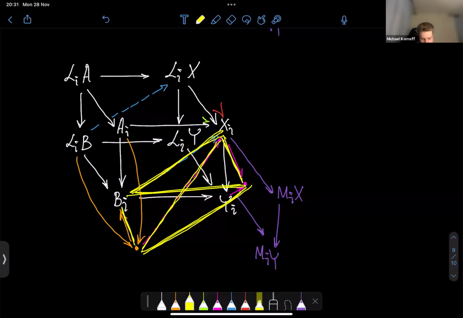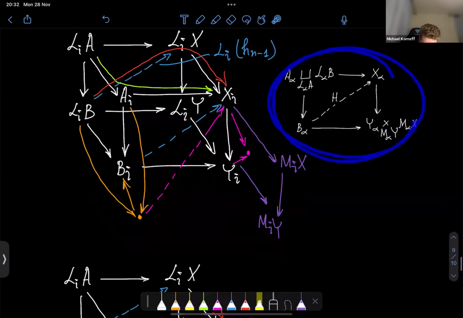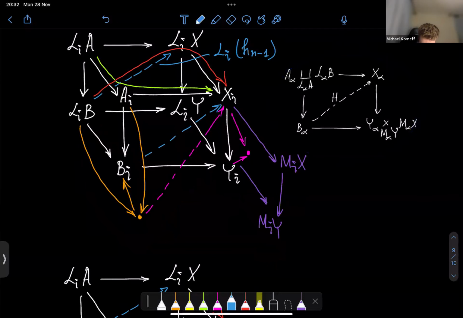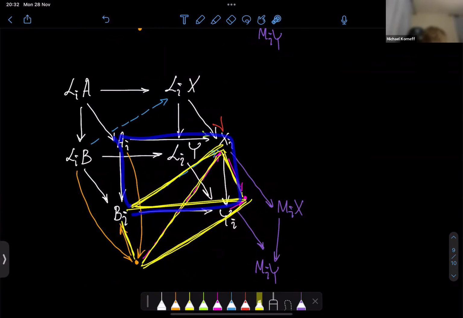So from this commutative tetrahedron, we know that we want to prove that the map, this diagonal map from this latching object, for this h, we can take just a small h, and we should prove the commutativity of this diagram.